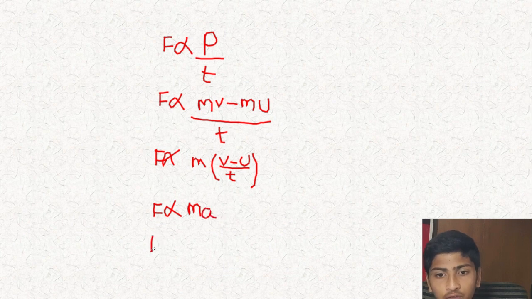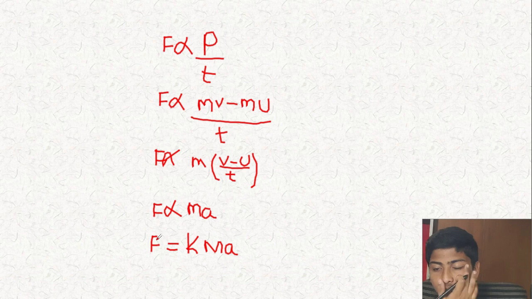So F is equal to k m a. Here k is a constant, m is the mass of the object and a is the acceleration. With this we can find the force on the object. Also we can write this formula as F is equal to m a.